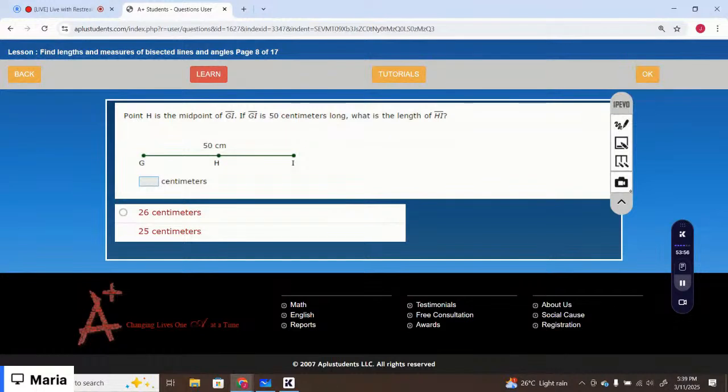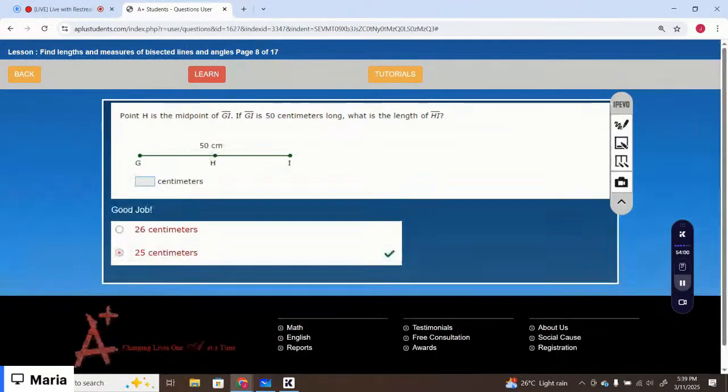That is 25 centimeters. Option number 2 is the correct option.